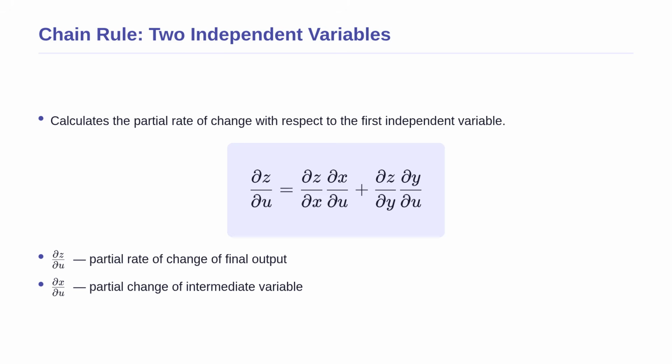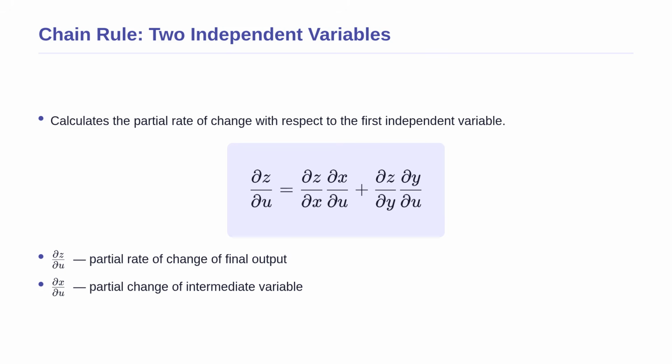To handle this new scenario, let us look at the expanded formula. This formula calculates the partial rate of change of the final output with respect to the first independent variable, which we will call u. Notice that we are now using the partial derivative symbol everywhere because the intermediate variables depend on multiple things, not just one.